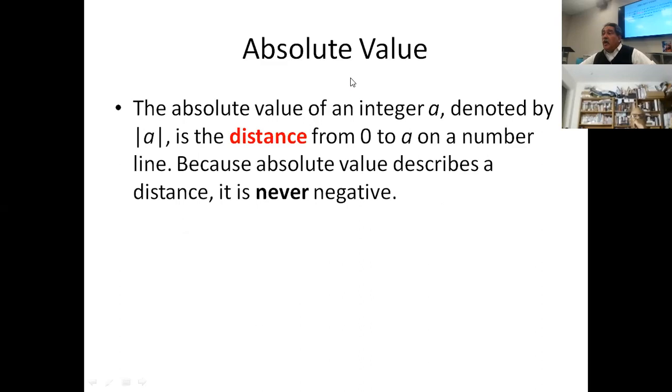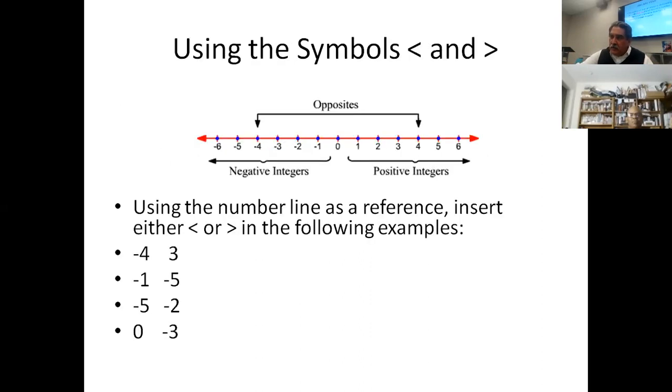Now, if you're talking about absolute value, the thing that you just said, Brian, that's different. Absolute value only talks about the distance. For example, let's go back. What's the absolute value of -5? 5. I'm just talking about the distance between that number and 0. Doesn't matter if it's negative or positive. Actually, we don't talk about negative distance.